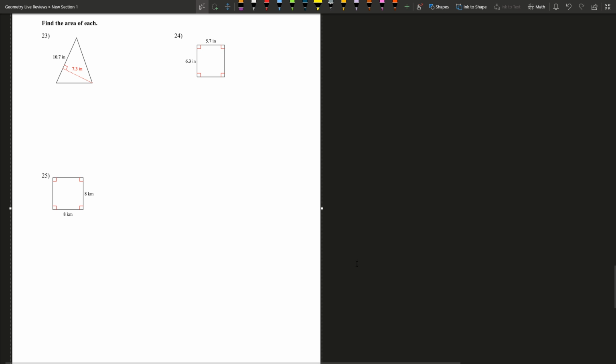Find the area of each. The area of a triangle is A is equal to 1/2 base times height. In this case, our base is 10.7 and our height is 7.3. So area is equal to 1/2 times 10.7 times 7.3.